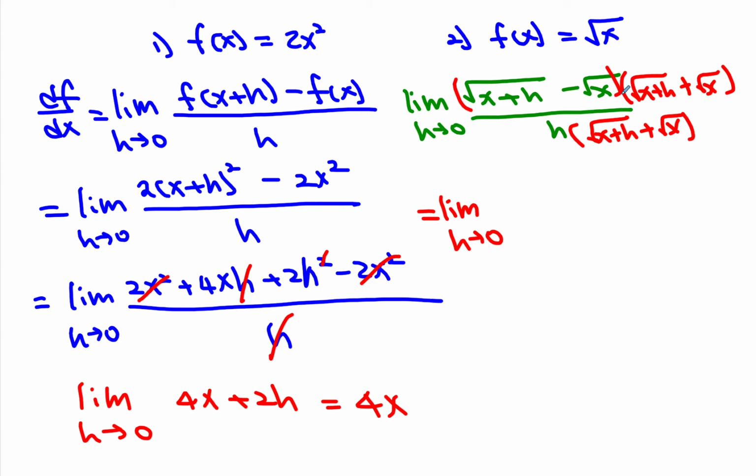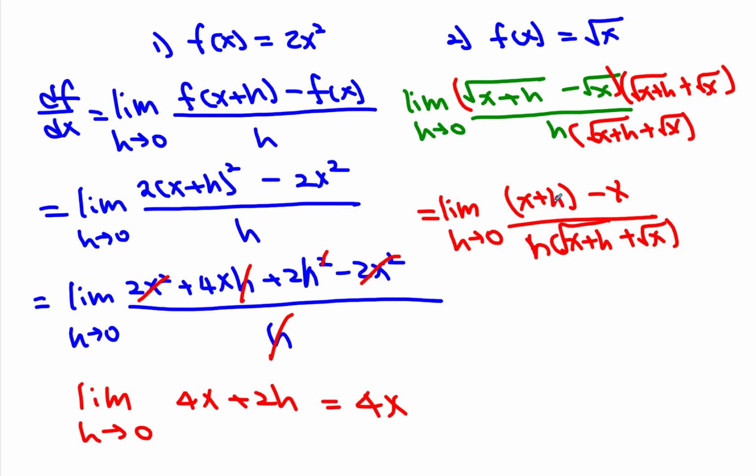On top, what I end up getting is the difference of squares, and then squares canceling away the radicals. So we get x plus h minus x. And the denominator, I'm going to just keep it as it is: h times radical x plus h plus radical x.